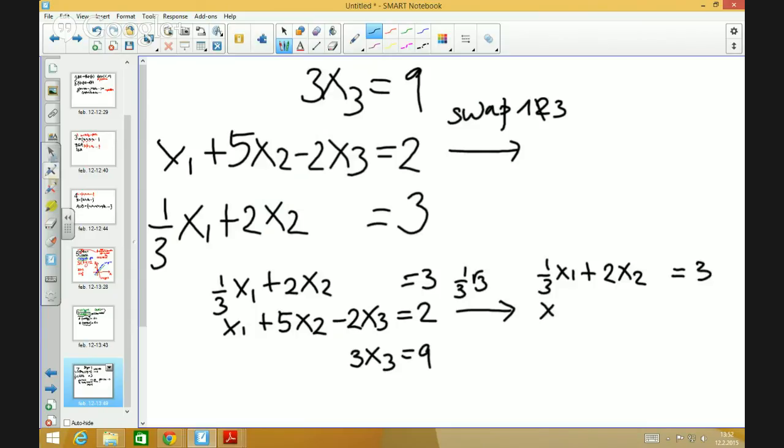You can see how boring that is, and that's why we want machines to do it for us. This is called the hand simulation of an algorithm. Now we know the value of x3. So this equation is easy to solve. It's solved.